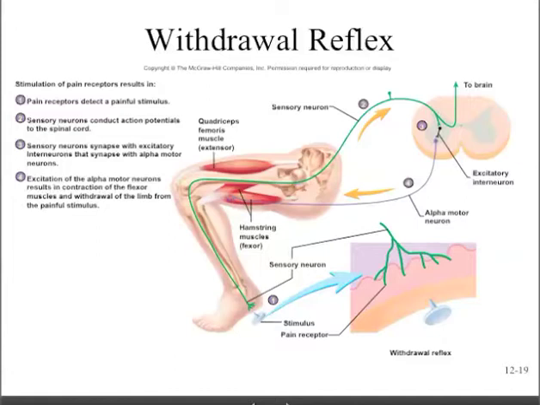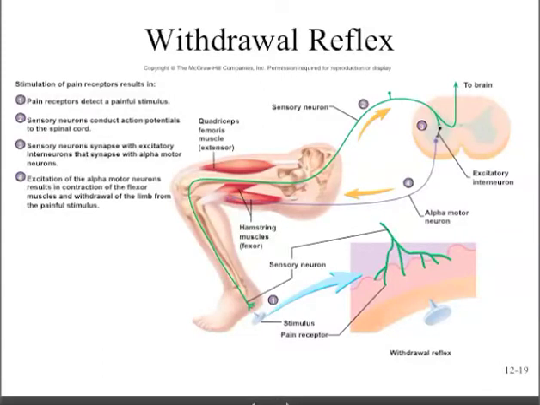The excitation of these neurons results in contraction of flexor muscles, and we withdraw the limb from the painful stimulus. So what happens in this case is that the knee will bend, which involves the relaxation of the quadriceps and the flexing of the hamstrings, and as a result, we now are free of the painful stimulus.